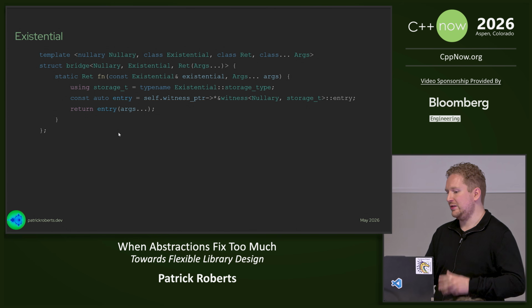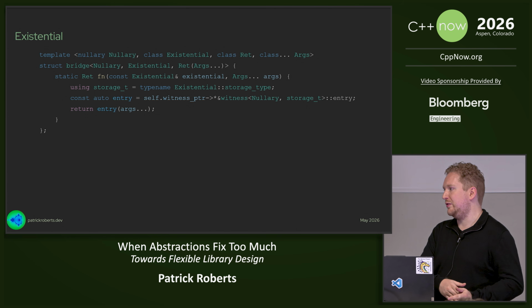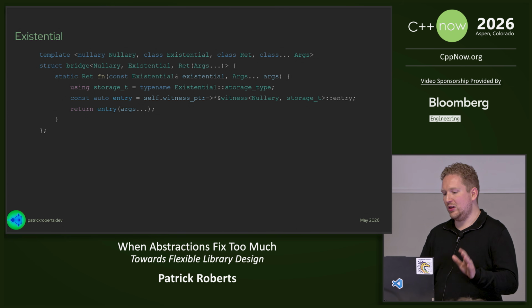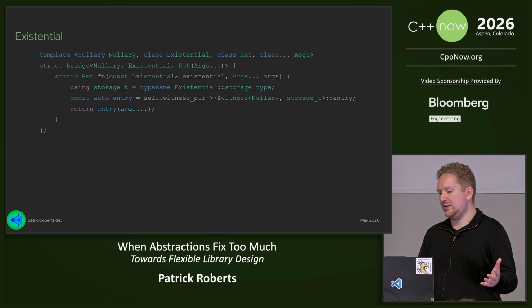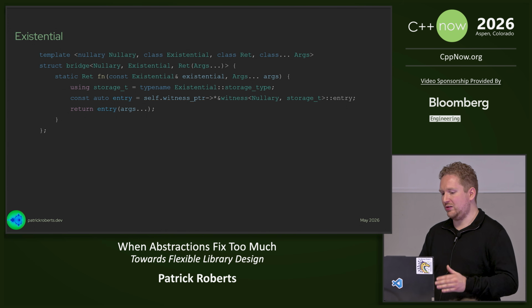So you don't have to do the register shuffling to move the arguments over by 1. All of these are things that you're able to play around with by specializing bridge over a particular category of capabilities that you want to implement. Maybe your nullary capability puts the receiver at the end, unlike the one here.